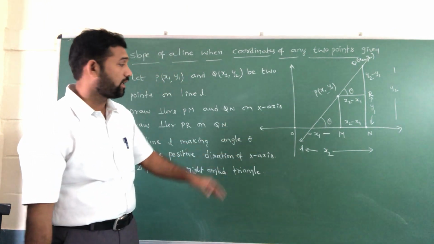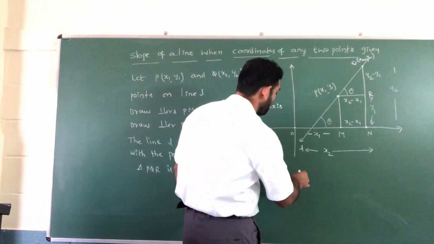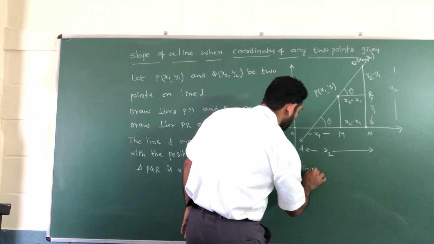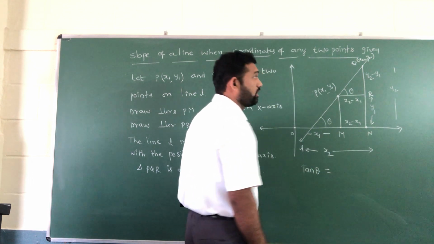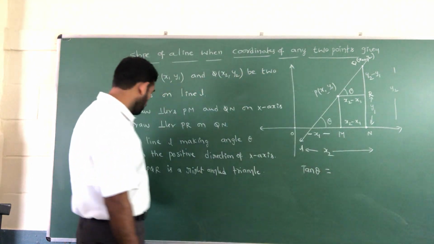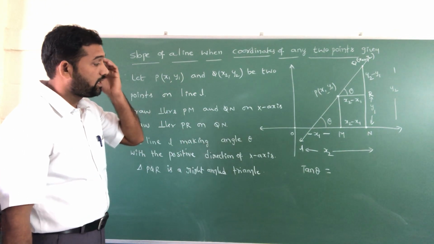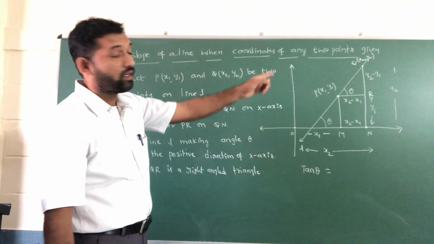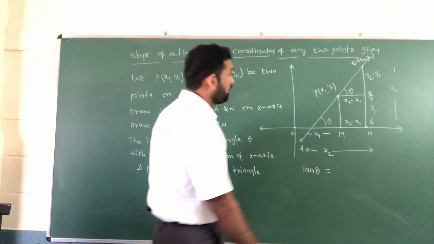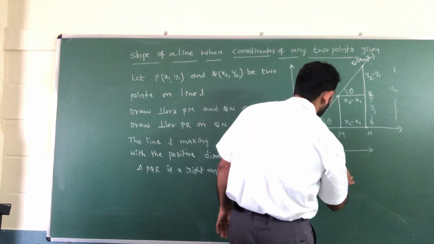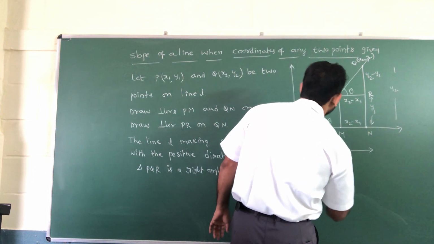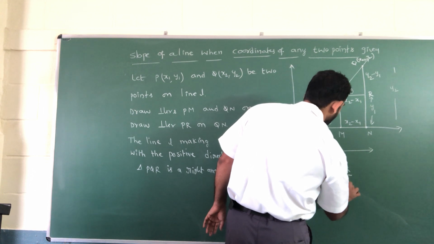From this right angle triangle PQR, what is the tan theta value? Tan theta is QR by PR.